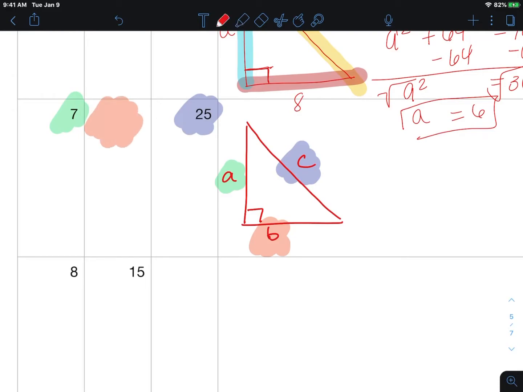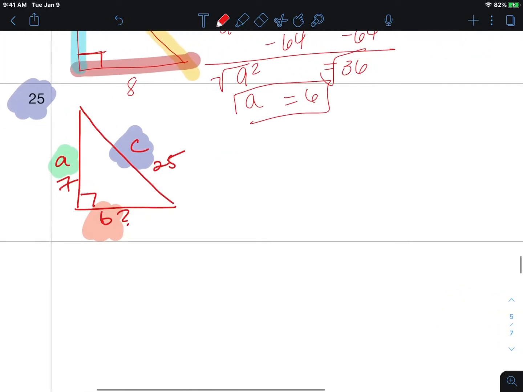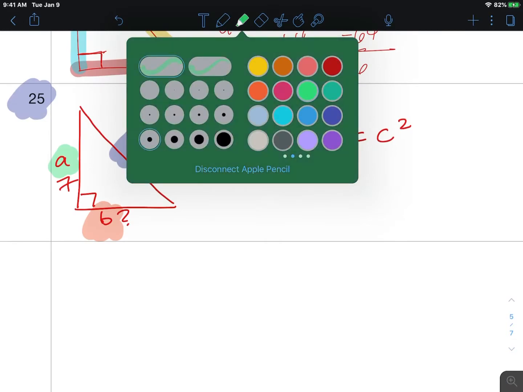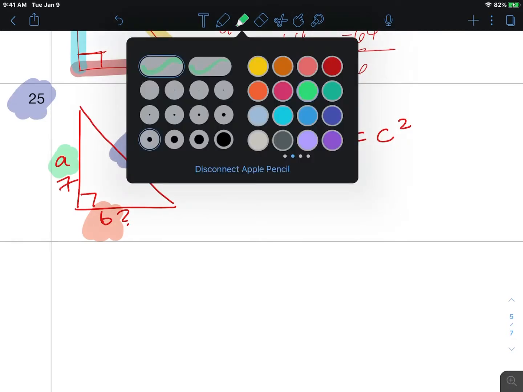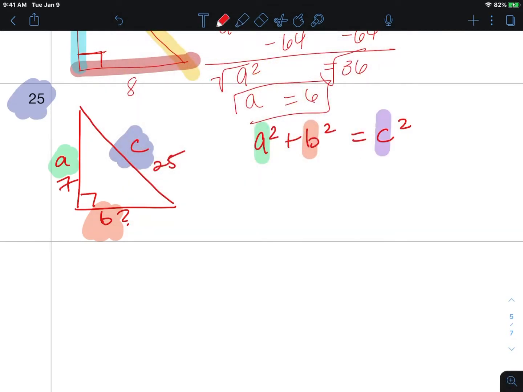And it looks like I'm looking for B. So let's start by first writing in our equation. A squared plus B squared equals C squared. And I want to copy over my different values for each one of these. So 7 squared plus B squared equals 25 squared.